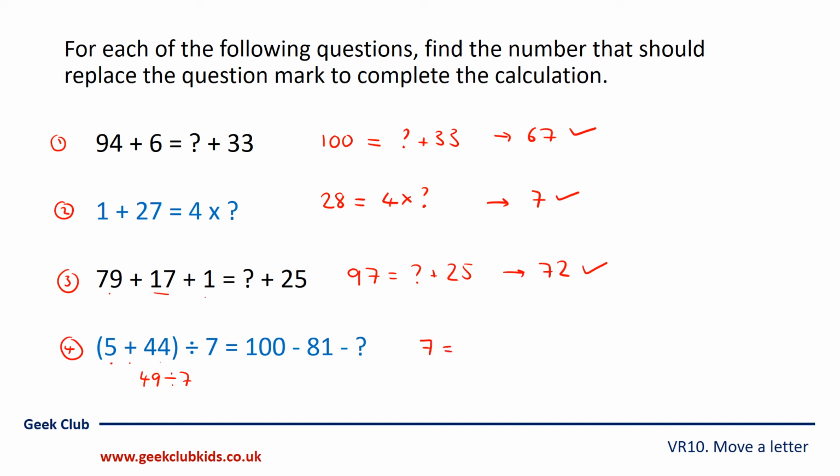So 7 equals 100 minus 81 minus something. Well, we can work out the 100 minus 81 bit. 100 minus 81 would give us 19, but then we still need to take away something to make 7. And you can see that 19 take away 12 would be 7. So that's the correct answer here.